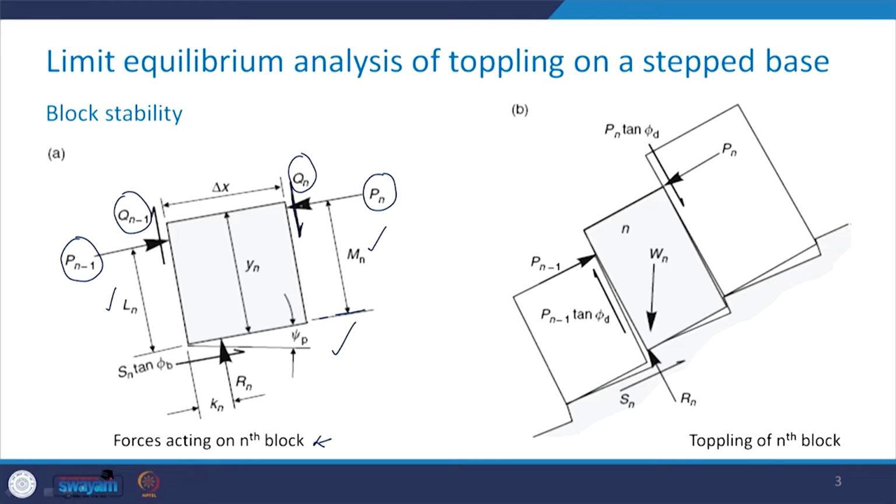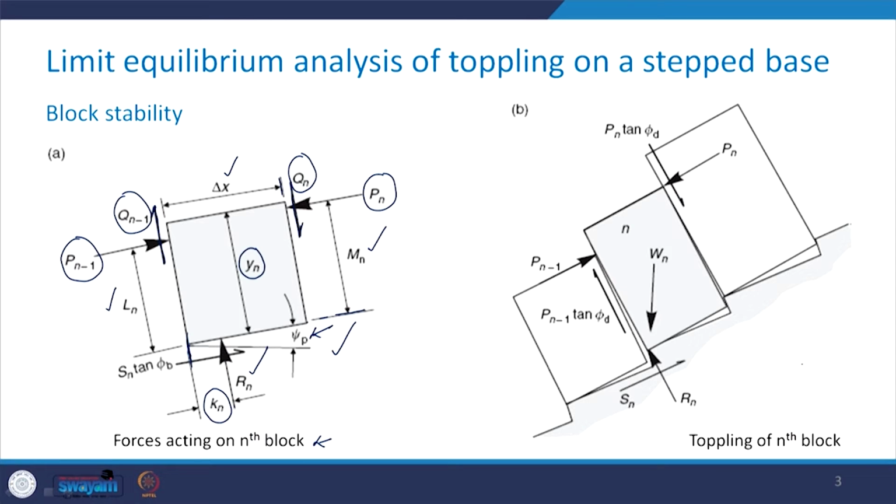The width of the block is delta x and the height is yn. This slope is given as psi p. There is going to be another force normal to this block, given by Rn, and this is acting at a distance of Kn from this face of the block.